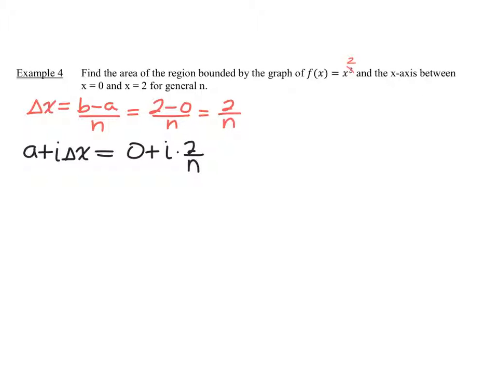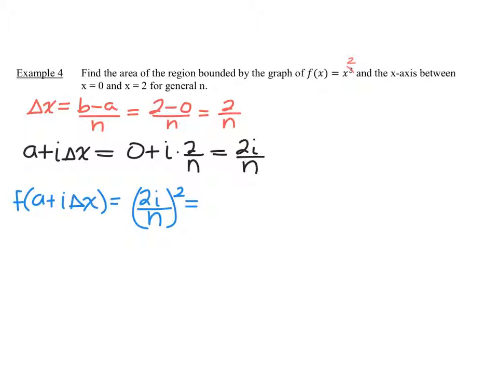All right, next up is to evaluate the function. And I might as well simplify that: 2i over n. Evaluate the function, and it's y equals x squared, so square this. I'm just squaring my a plus i delta x.